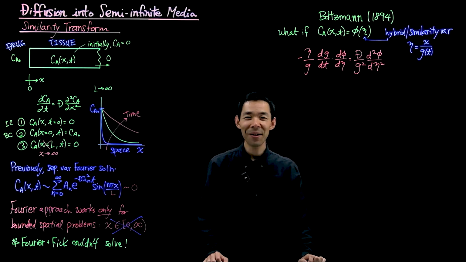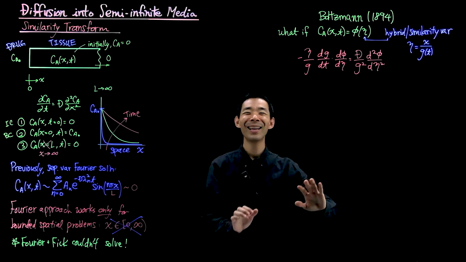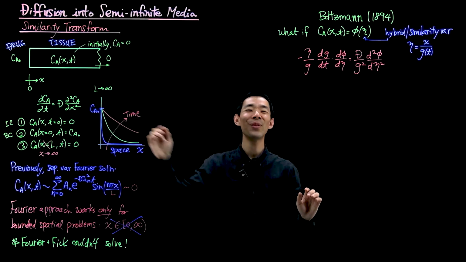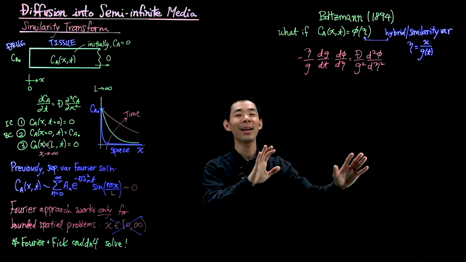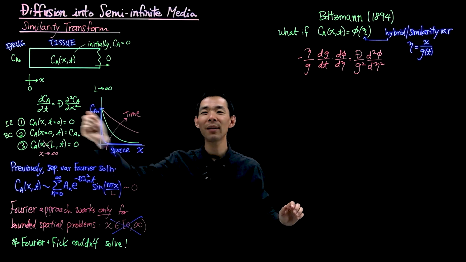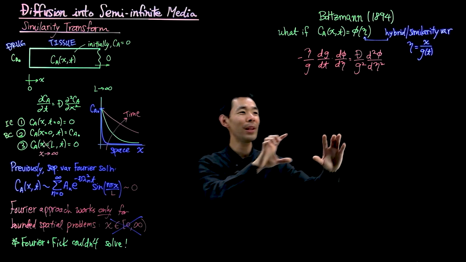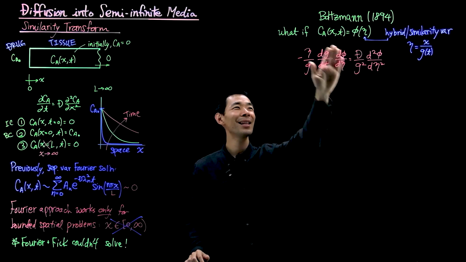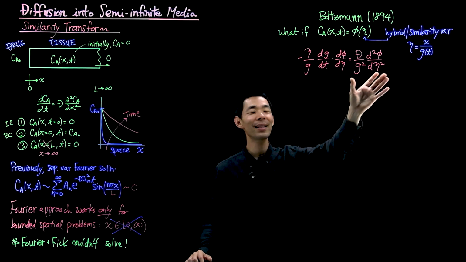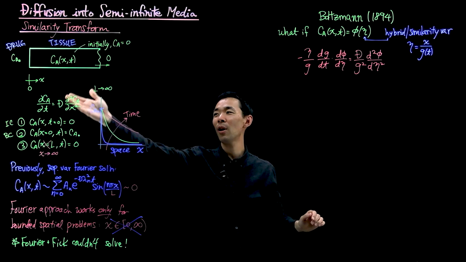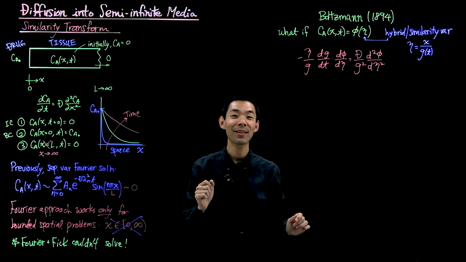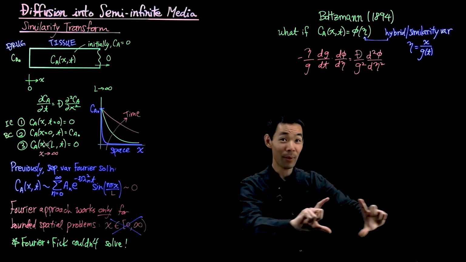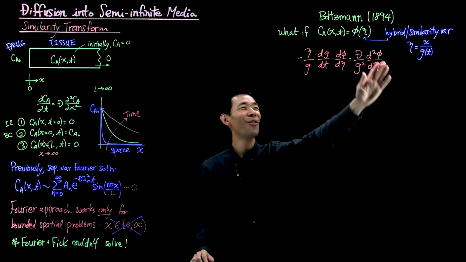OK, all I've done here is clean up the board, substituted the appropriate parts into the diffusion equation. So what I've done is to take the left-hand side, the time derivative with respect to concentration, replaced it with the expression that was about right here on the board onto the left-hand side. That looked like this. And the right-hand side, which is the diffusion term on the right, the second derivative of the concentration with respect to position x, that was replaced by an equation that was written about right here on the board, over here on the right-hand side.